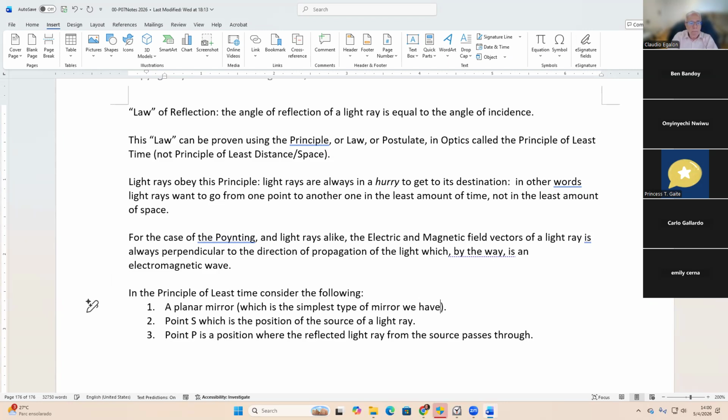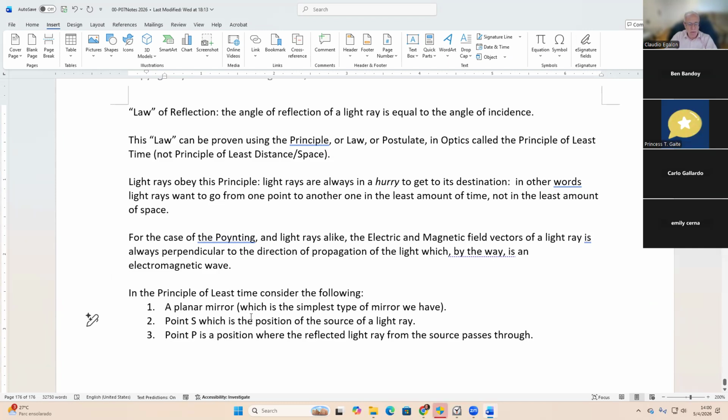We have point S, which is the position of the source of the light ray, and point P, the position where the reflected light ray from the source passes through.